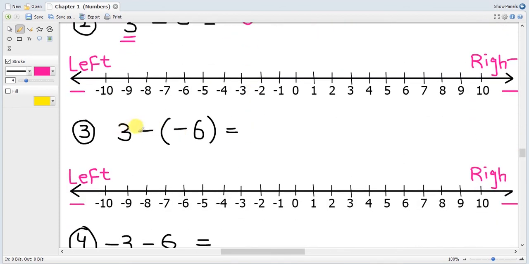Next is 3 minus negative 6. This negative will tell us we have to move left. This negative will also tell us that we have to move left. Why are they saying that you have to go left twice? How can we go twice in the same direction?